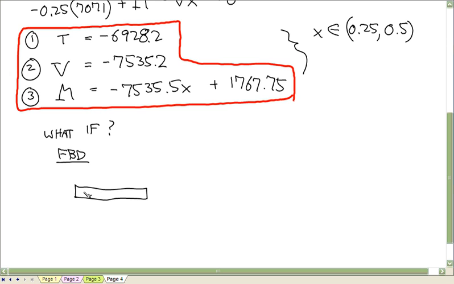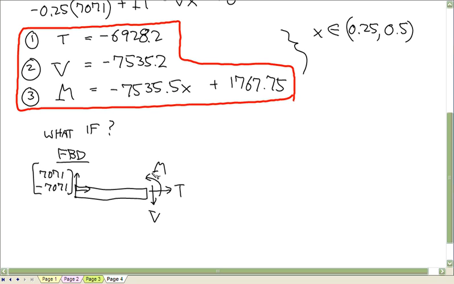Okay, so I start here, with this force of 7071, negative 7071. And I'm asking this because this is a mistake that I've seen a lot. And then we don't quite get to the 0.5, so all we have left is T, V, and M. Okay, so this is wrong.